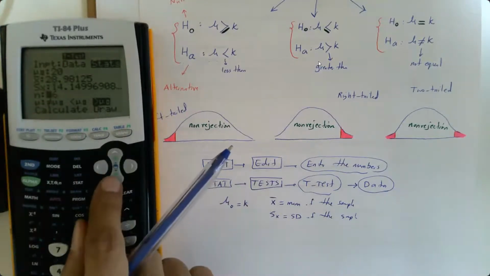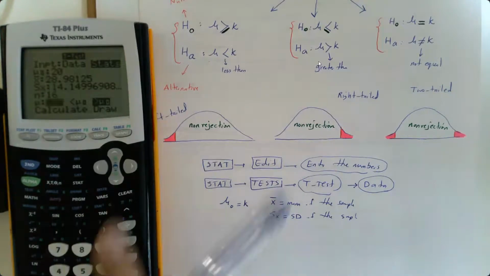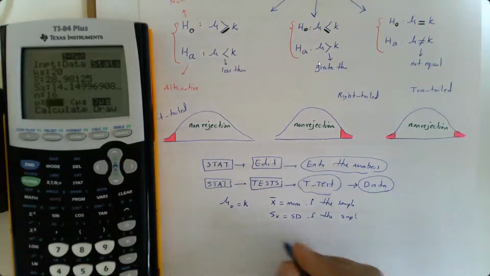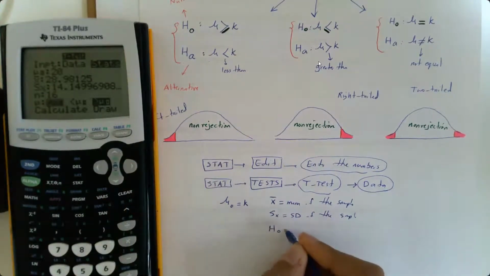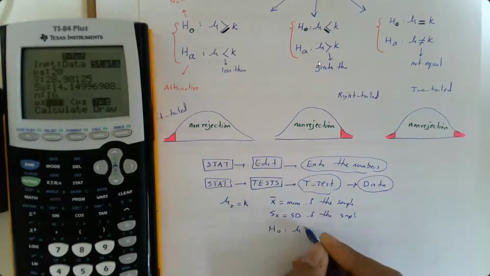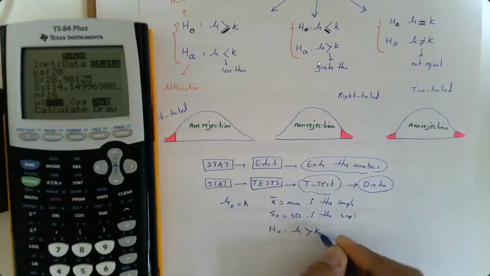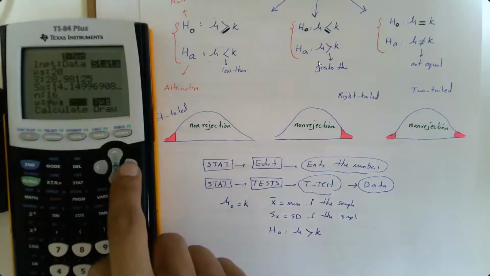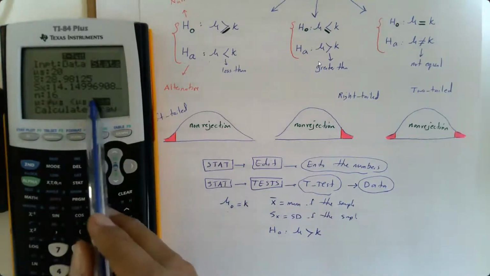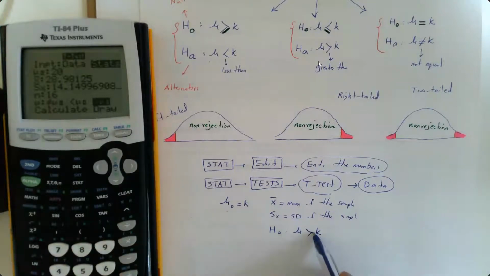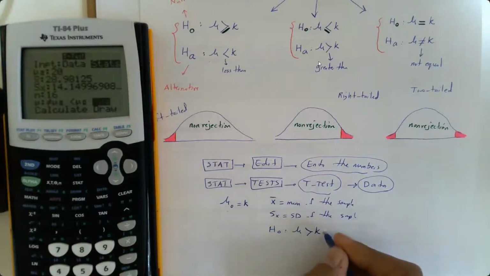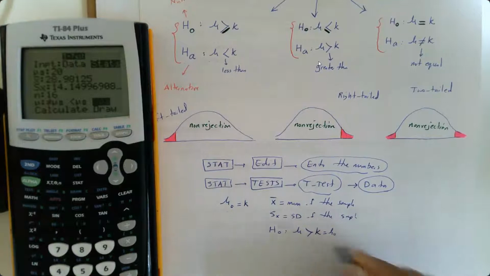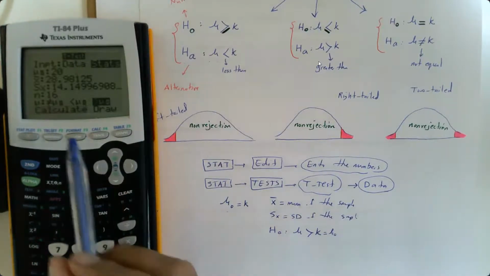In this example, we know that the alternative hypothesis says, hey, the mean is larger than k, and k is the same as mu sub 0. So we're going to select the last case, larger than k. K is mu sub 0. You can go to calculate now.